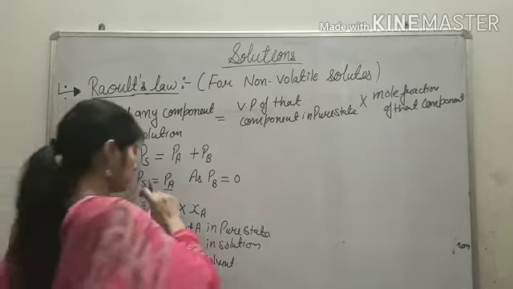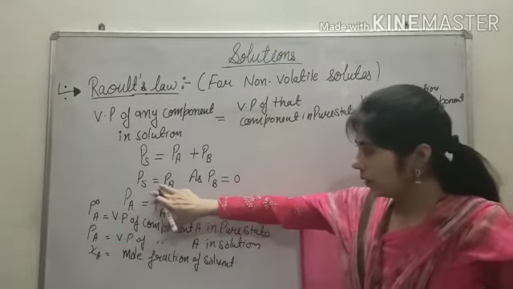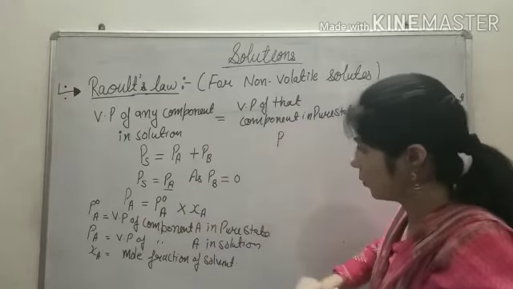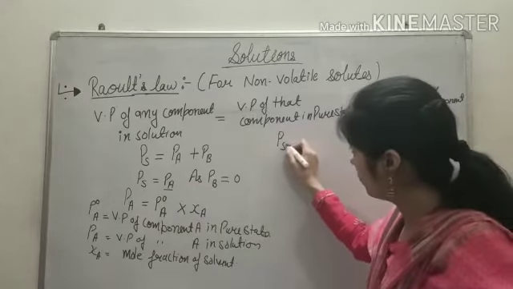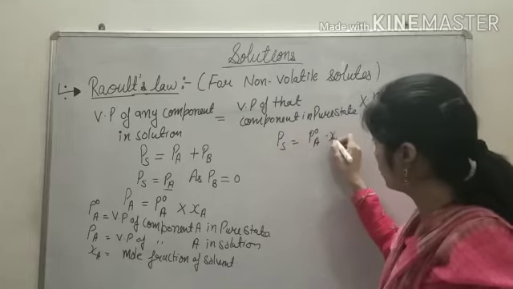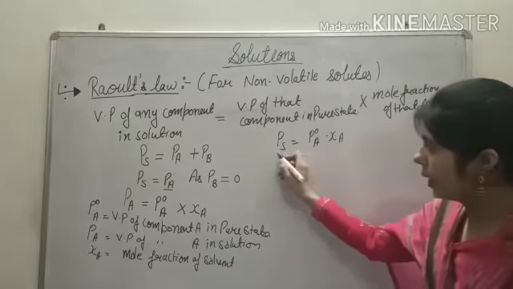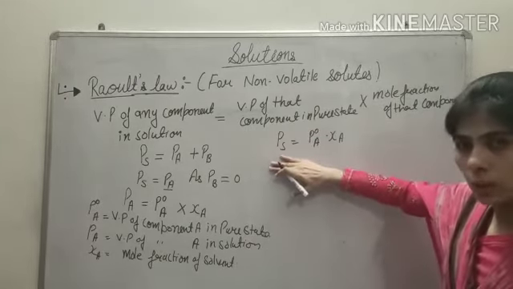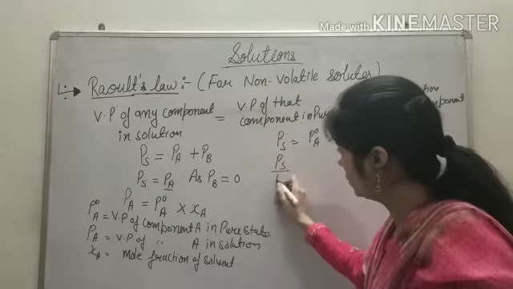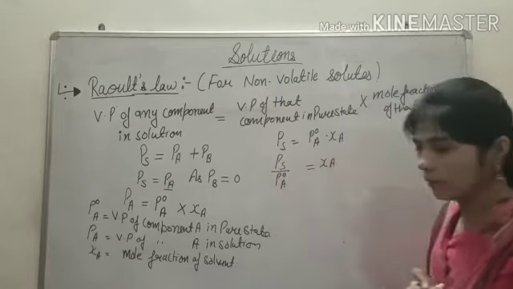Now put the value of PA in this equation. Now our equation is PS is equal to P naught A into XA. Now this equation can be rewritten as PS upon P naught A is equal to XA.